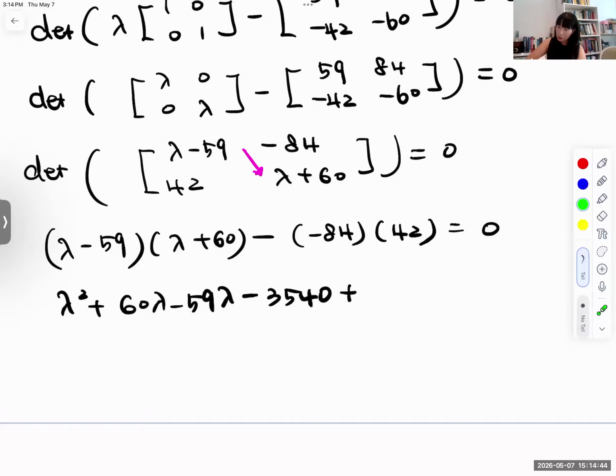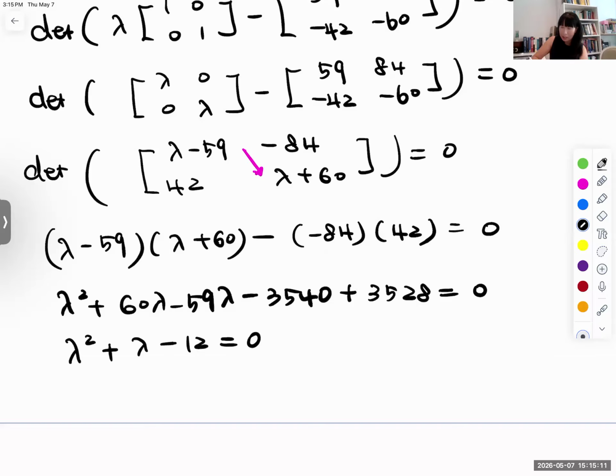For the other term, 84 times 42, and with the negative it becomes positive, so positive 3,528, equal to 0. Calculating, we get lambda squared plus lambda minus 12 equal to 0.